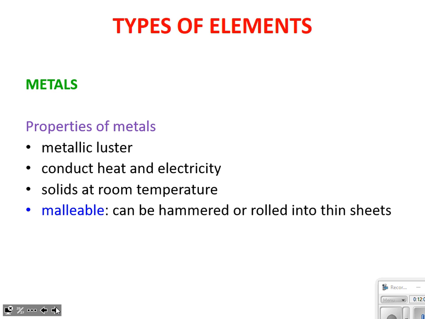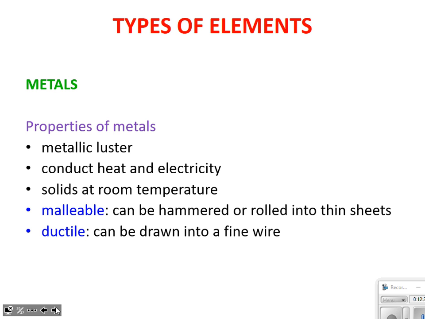Like a rubber hammer, okay? So when I think of malleable, I think of mallet, and you can hammer it into a sheet. Have you ever dealt with something like aluminum foil? That's a pretty thin sheet, isn't it?